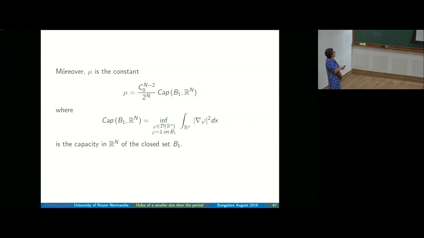Okay, and so this quantity is called the capacity in R^n of the closed set B1.